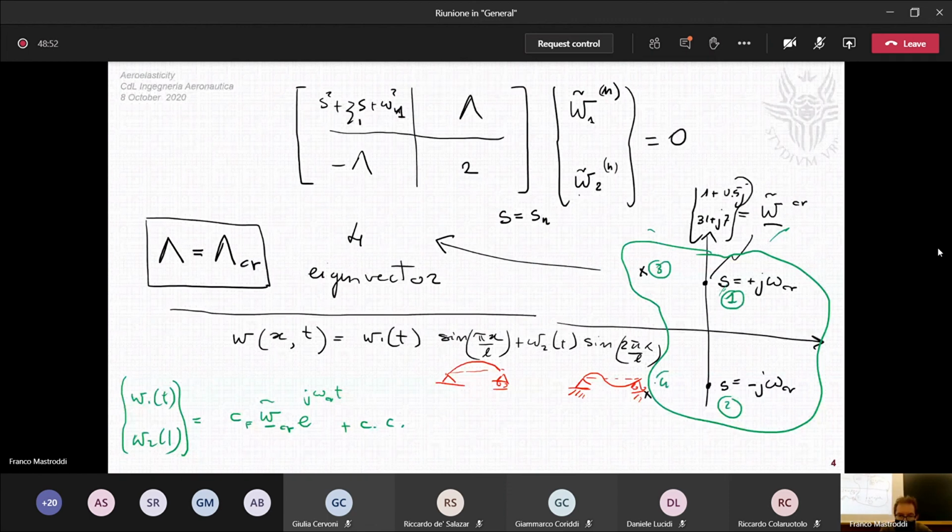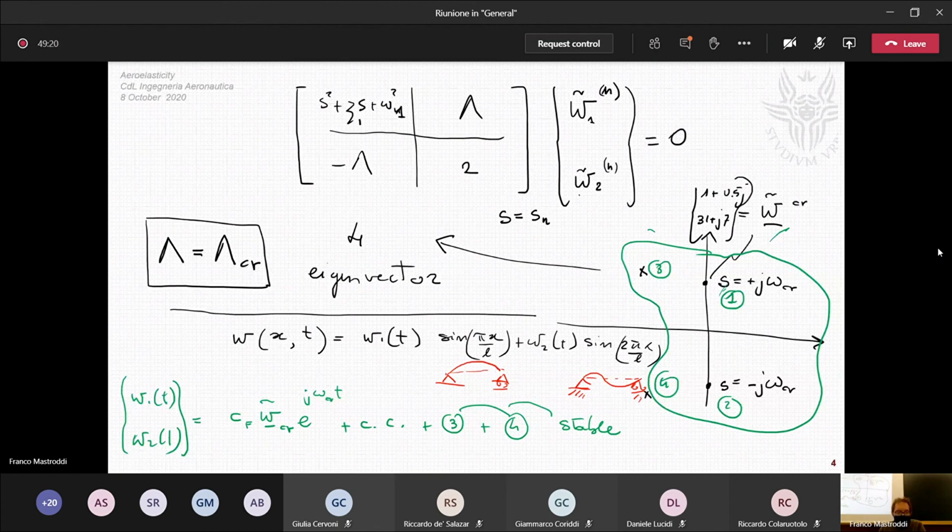So plus the third, plus the fourth, but these two are stable. Stable means that these two contributions will decay, for any initial condition, because we have e to the power something negative by t.